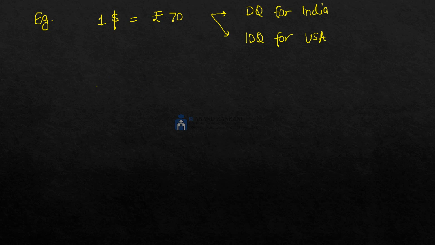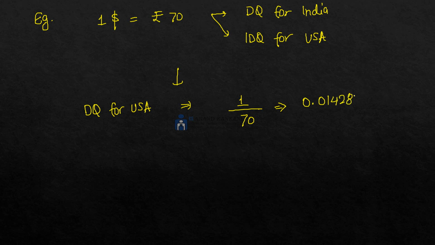So for example, $1 is equal to rupees 70. This is a direct quote for India and this is an indirect quote for USA. Now if you want to convert this and find out the direct quote for USA, all you have to do is simply divide 1 by 70, which comes out to 0.014285.